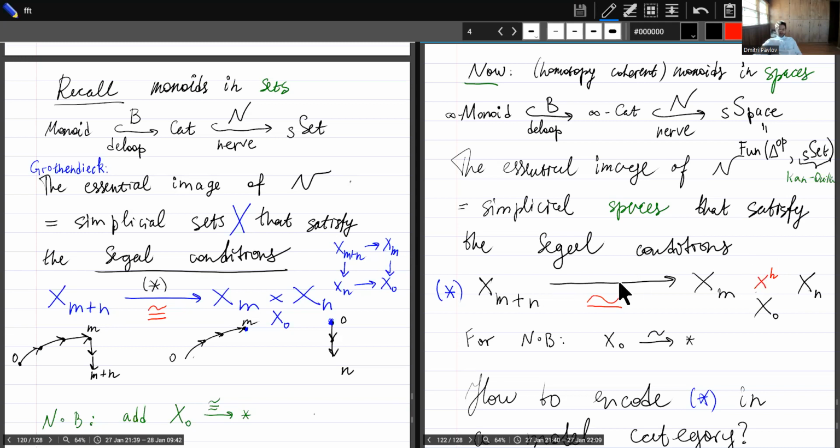And instead of requiring the map to be an isomorphism, I will require it to be only a weak equivalence. And that's it. That's the definition of a Segal space, which I probably should have mentioned here. So this condition defines Segal spaces.